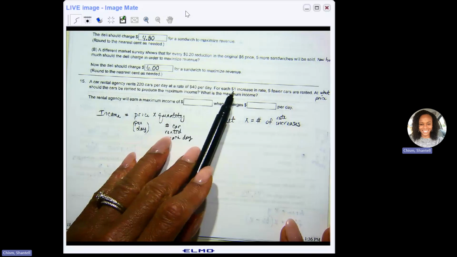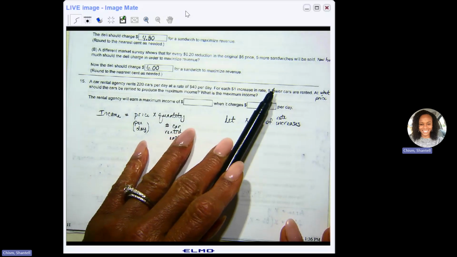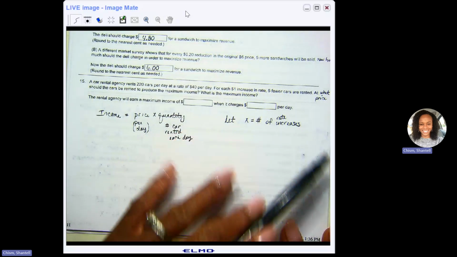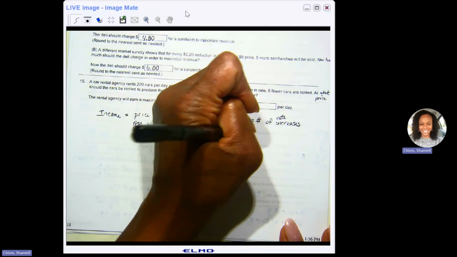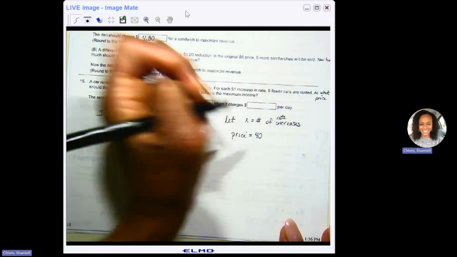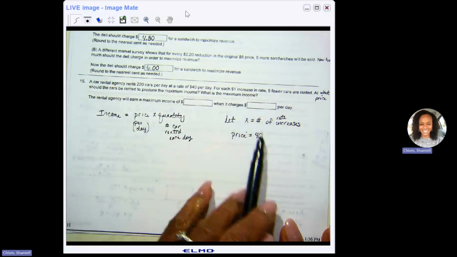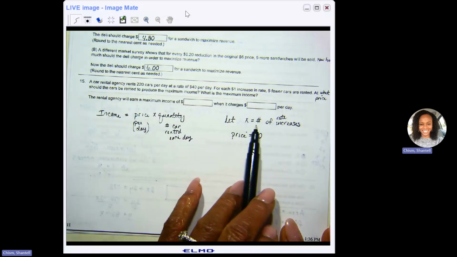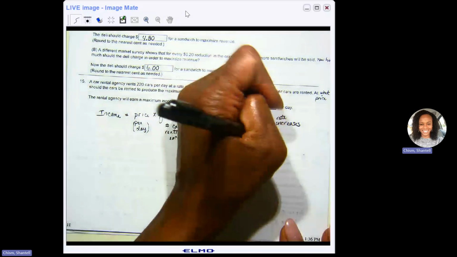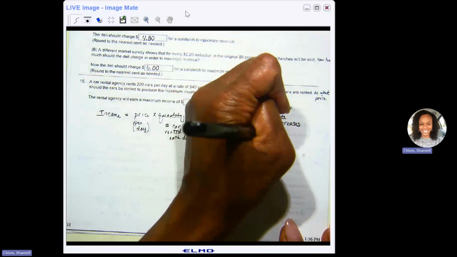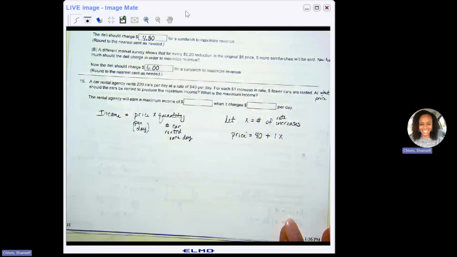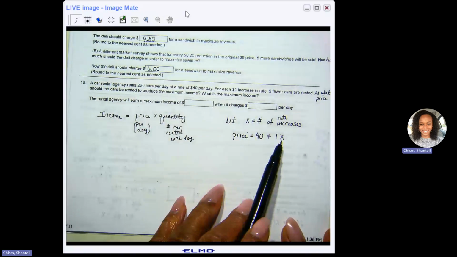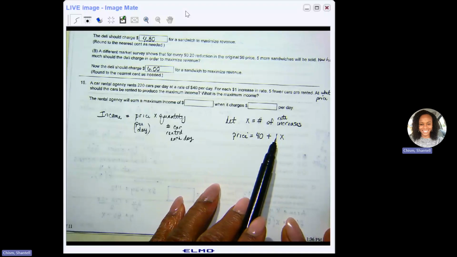Our new price equation will start off with the 40, but then we're increasing that by $1 for every increase in X. So plus 1X. For every increase in X, the price is $1 more.